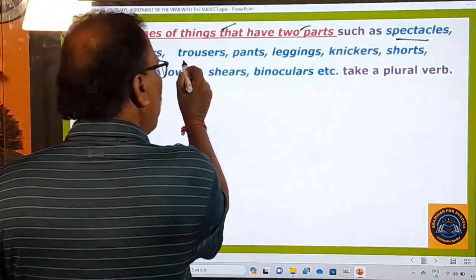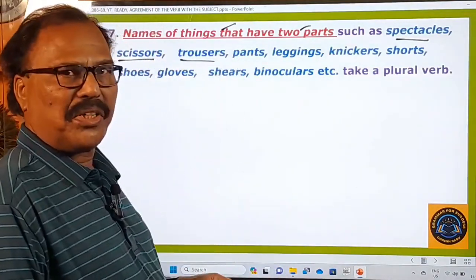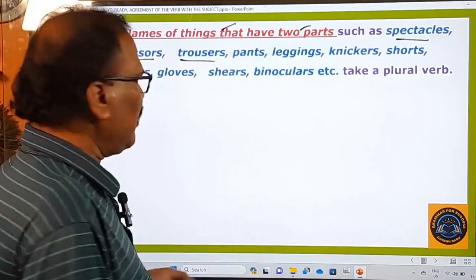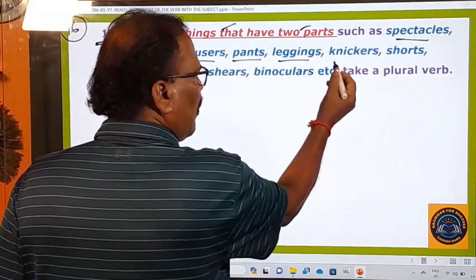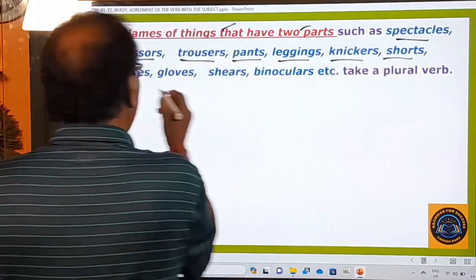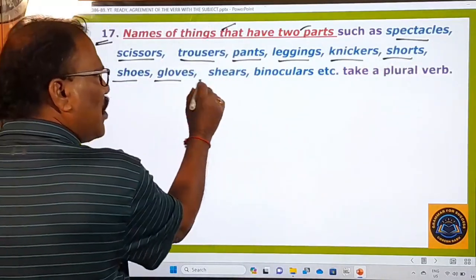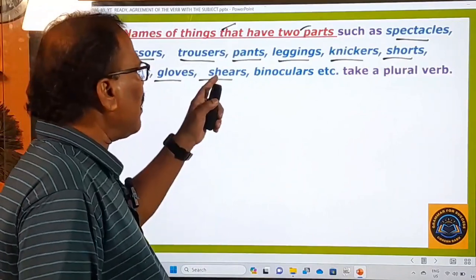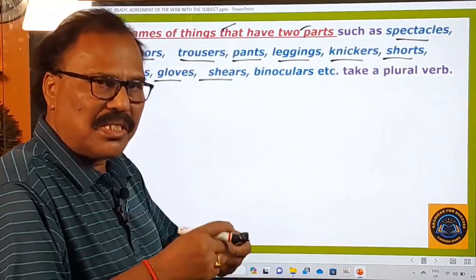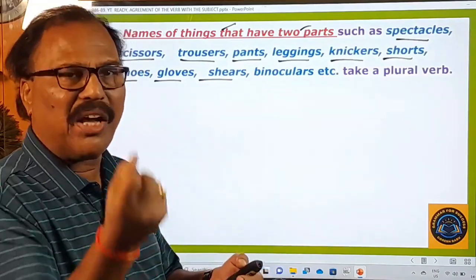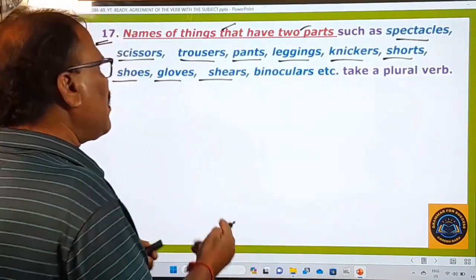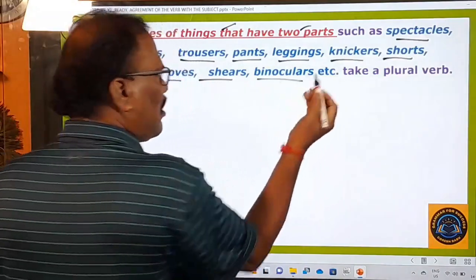Okay, and trousers, what we call pant or pants, whatever it is. So trousers, pants, leggings, all these things you know very well. Knickers, shorts, shoes, gloves, shears. Shears means it is a kind of scissors used for cutting the extra growing branches or leaves, etc. And binoculars you know very well.